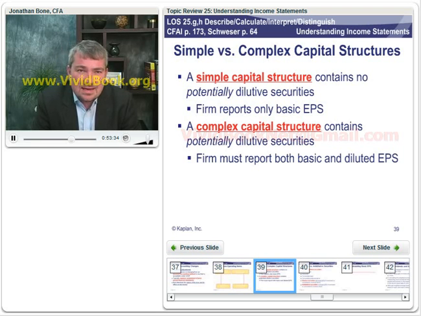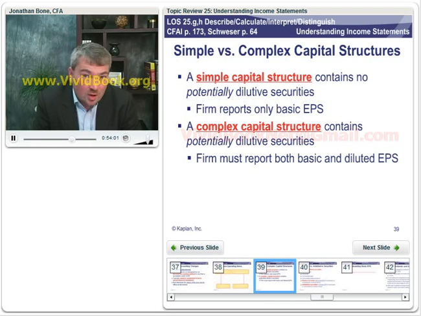It's anything that the company has in issue that could be converted into new shares in the company at a later date. So it could be convertible bonds, convertible preferred stock, employee stock options, or warrants. Essentially, if you don't have any potentially dilutive securities, then you only need to report basic EPS, earnings per share.